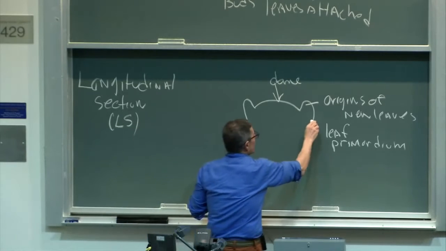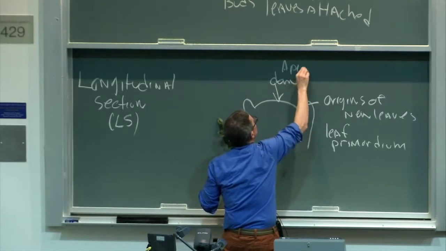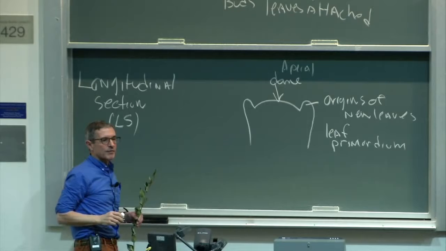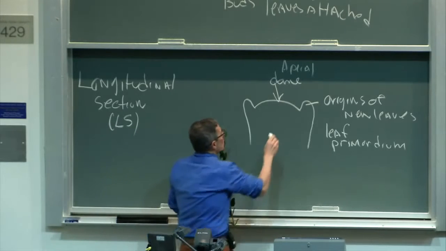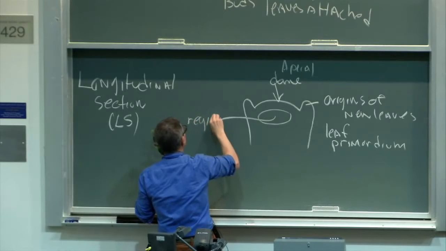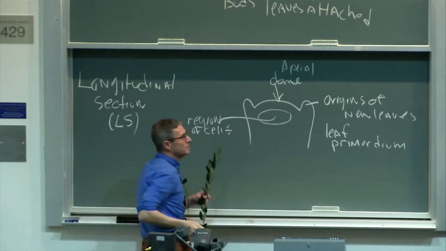So here we have an apical dome with leaf primordia on either side in this particular drawing of the apical dome. And this apical dome now has a region of cell division.